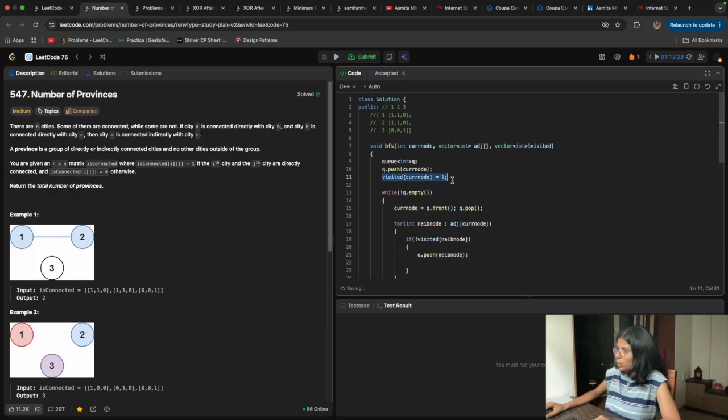Whenever we push a node in the queue, we mark it as visited. So when I push the neighbor node in the queue, I will mark it as visited.